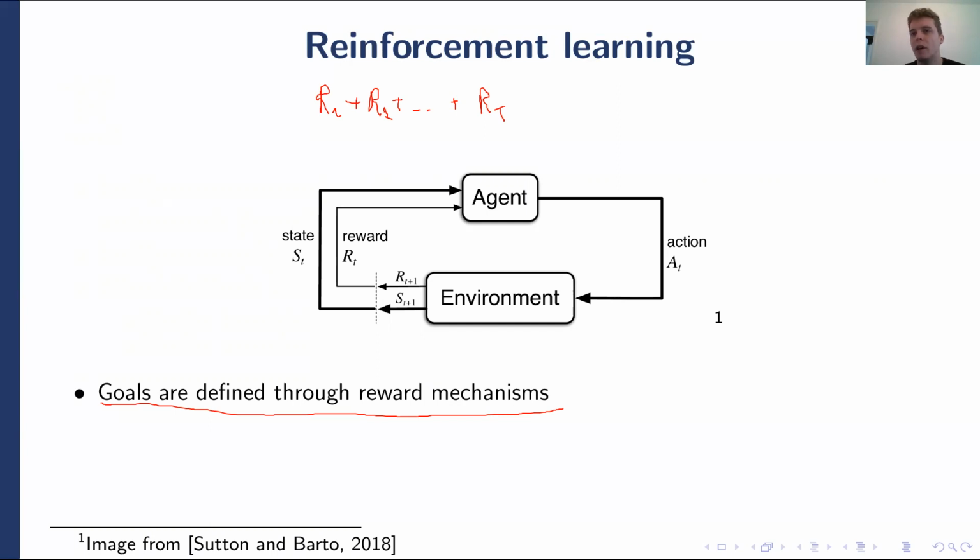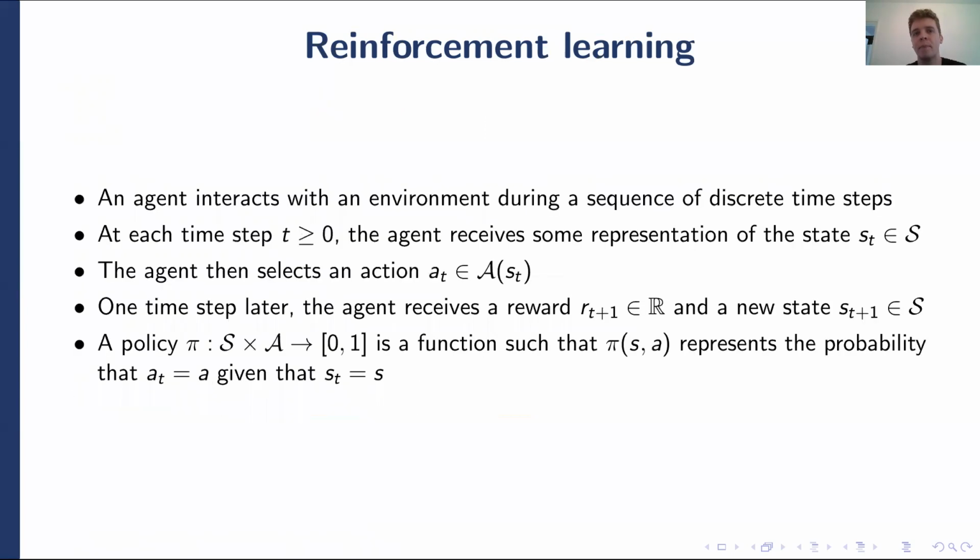Humans face that problem regularly, and reinforcement learning makes it possible to study these problems very explicitly. So I hope that was a good motivation for studying reinforcement learning for those of you who are interested in maybe researching artificial intelligence one day.